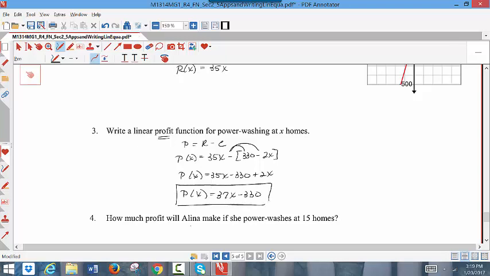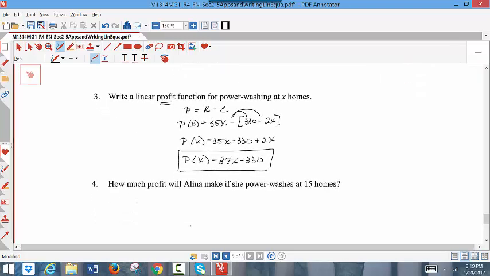There it is. Okay. How much profit, meaning use the profit function, will Alina make if she power washes 15 homes? Remember, X equals the number of homes. So we need to go to this profit function and replace X with 15. Okay, so this is going to be 37 times 15, which turns out to be 555.